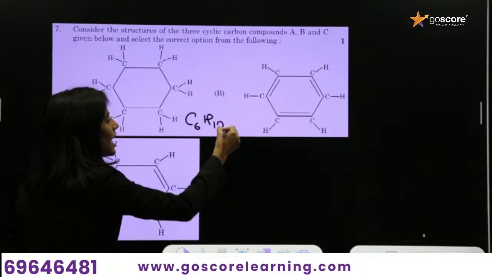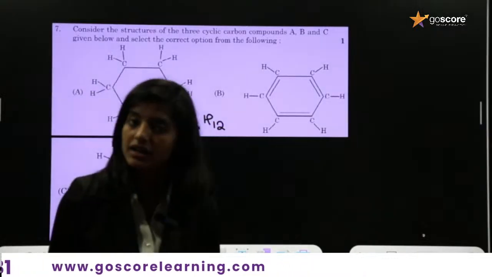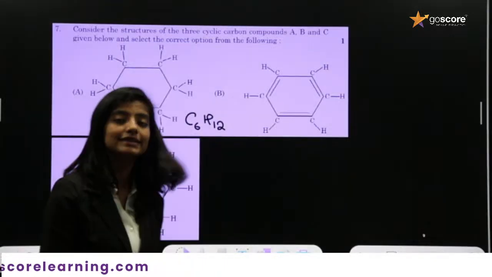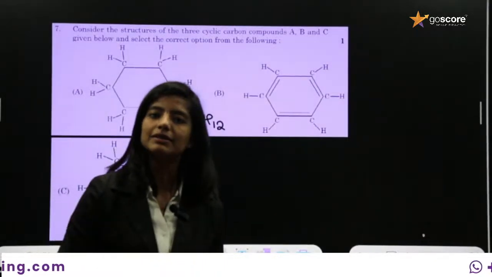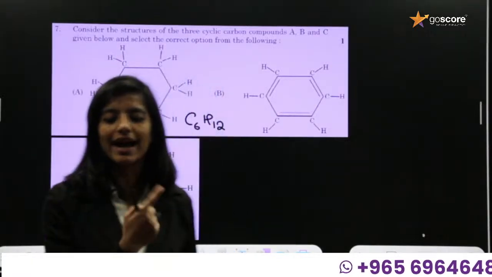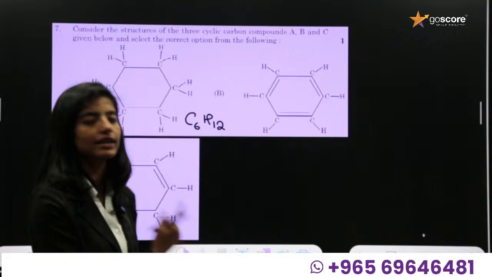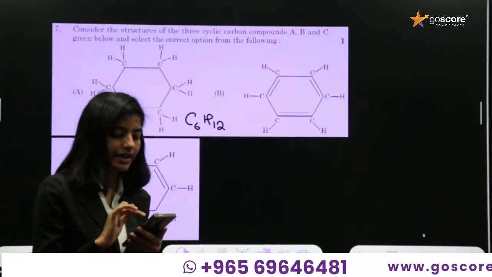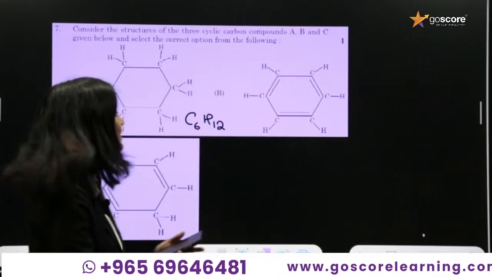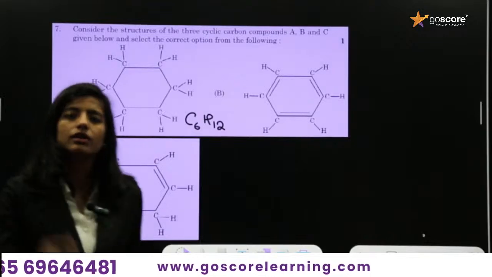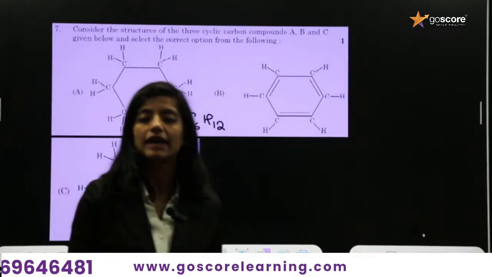And the formula for hexane, not the cyclic one, just hexane, is C6H14. Isomers are the ones which have the same molecular formula. Do you think they have the same molecular formula? Definitely not. It's entirely different, C6H12. It's not an isomer of hexane.